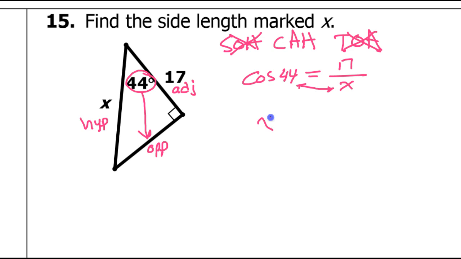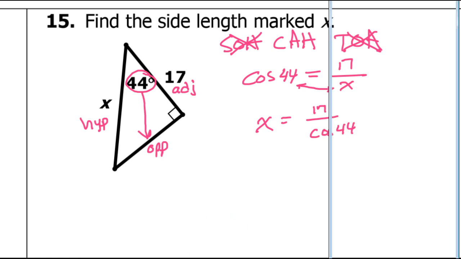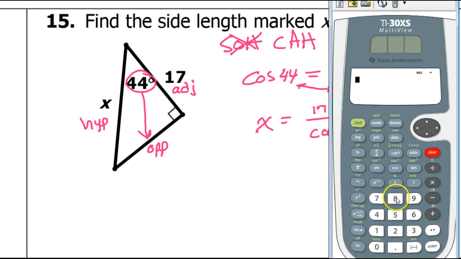So this is going to give me x is equal to 17 over cosine 44. Okay, so I can do 17 over cosine 44. 23.633. Got to round up.